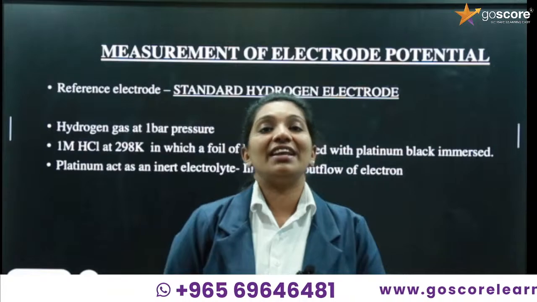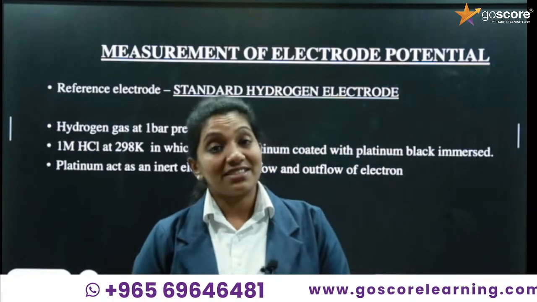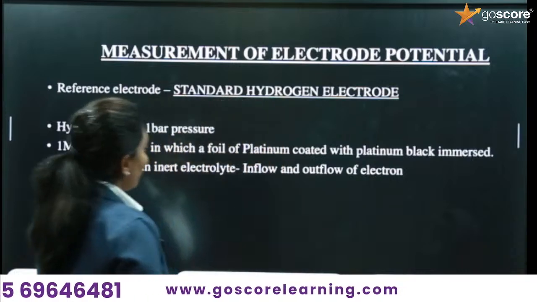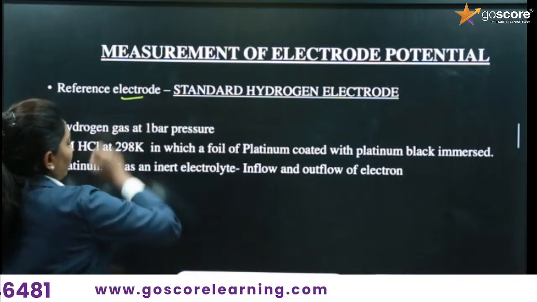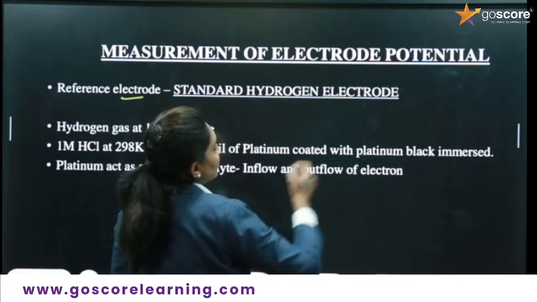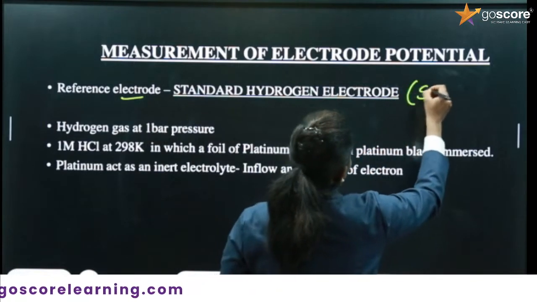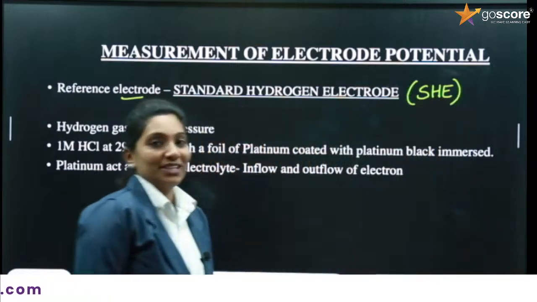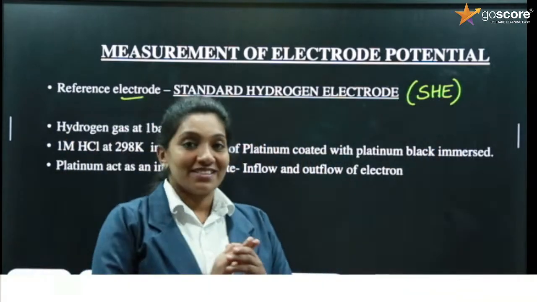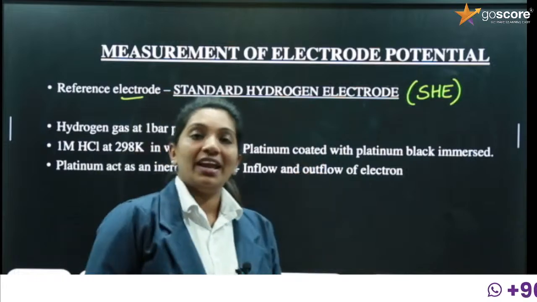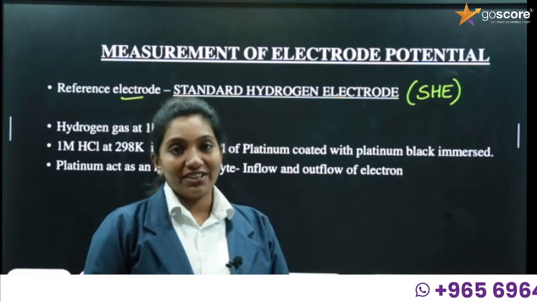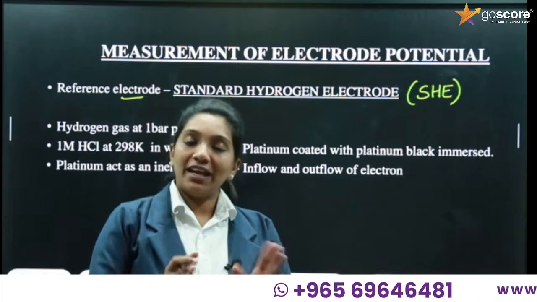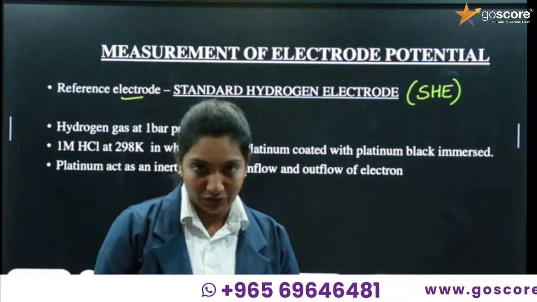And that reference electrode is called the standard hydrogen electrode, which is SHE. We will be using this standard hydrogen electrode as the reference electrode for measuring the electrode potential of any particular metal electrode.